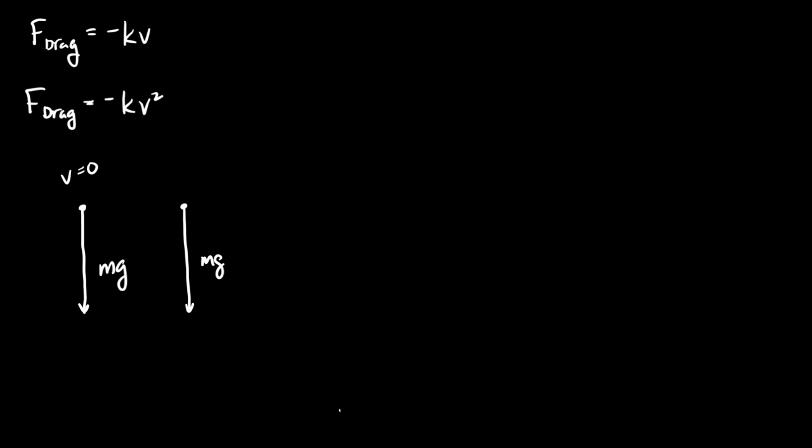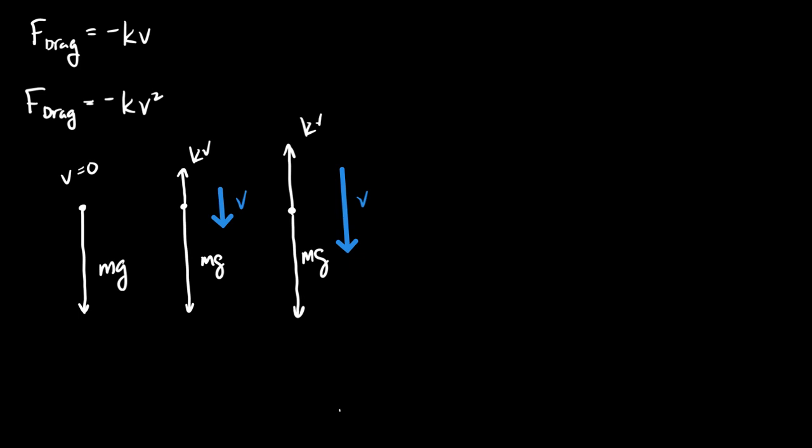And now that it has some small velocity downwards, now there is a drag force upwards. Now that continues because the forces are still unbalanced. The weight doesn't change necessarily. But because it's been allowed to accelerate downwards for a little bit more time, the velocity has now increased. And that has increased the drag force.